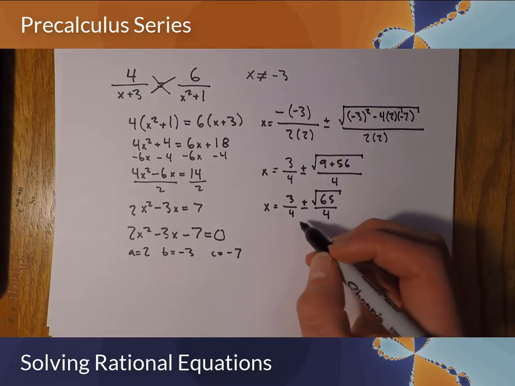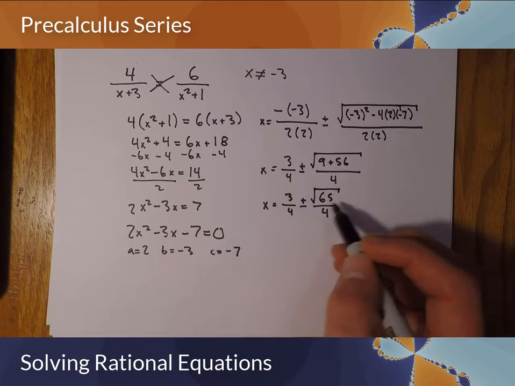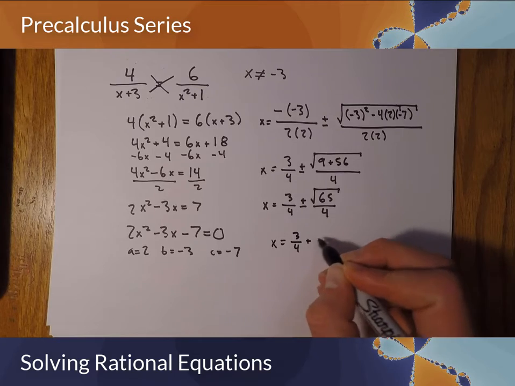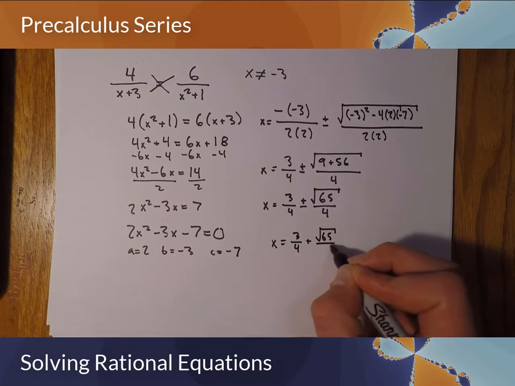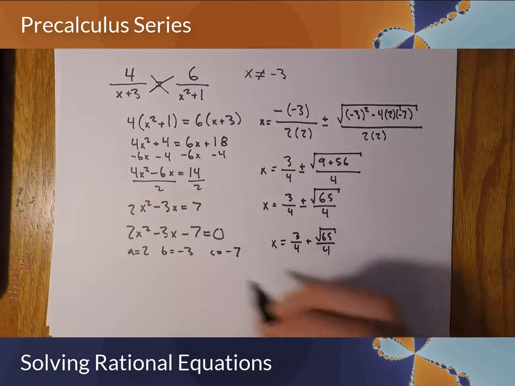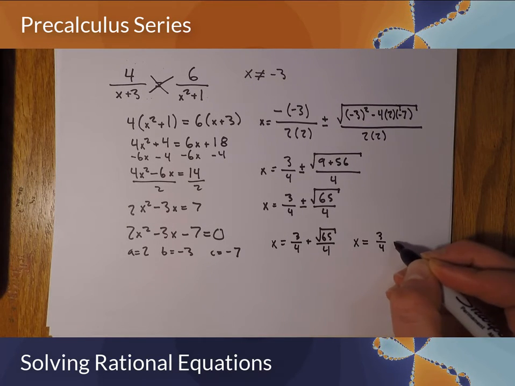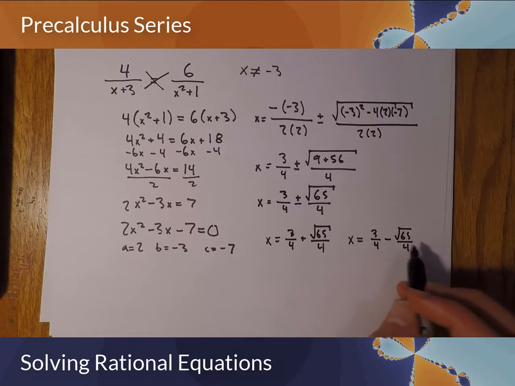So what you would do is plug in x equals 3/4 plus the square root of 65 over 4 into the function and check if it works, and x equals 3/4 minus the square root of 65 over 4 into the function and check if it works.